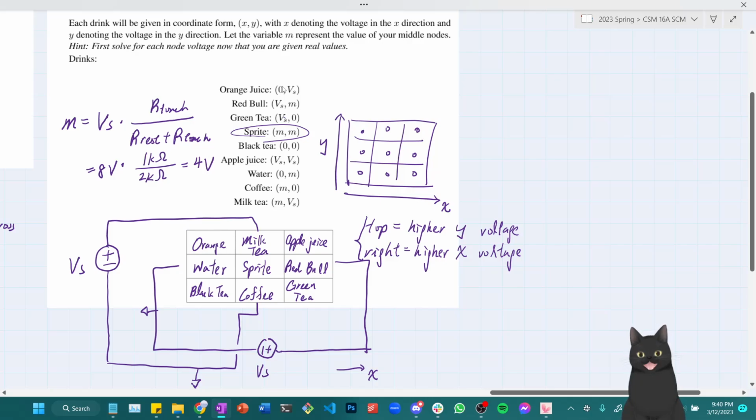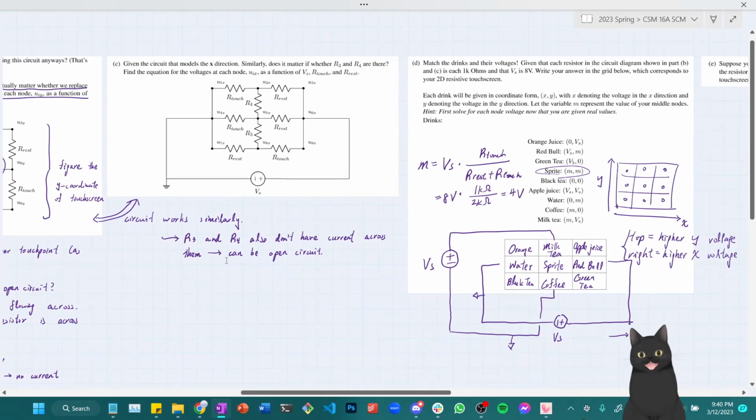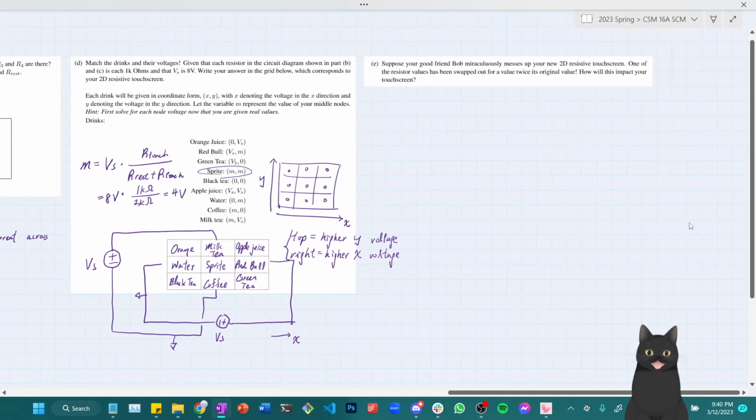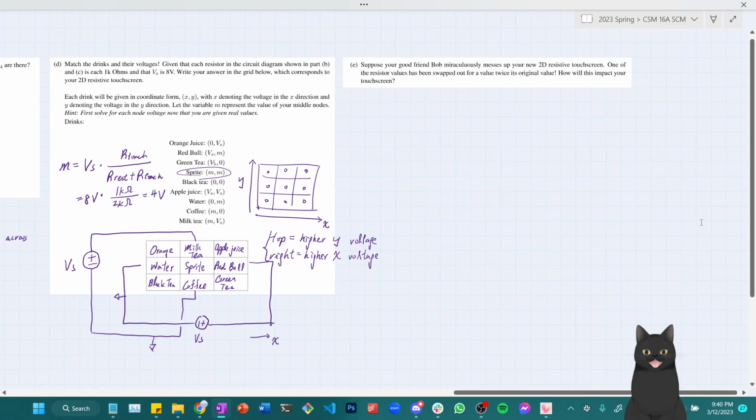Top left corner, because it has 0 voltage in X direction, which means it must be aligning to the left, and it has the most voltage possible in the Y direction, which means it must be at the top node where it's directly connected with VS. But if I today have a different resistor structure such that there is current flowing through R1 and R2 here, then I cannot use the same convenient way to determine what the coordinate of a touch point is according to its voltage. So it will impact your touchscreen by making it less convenient.